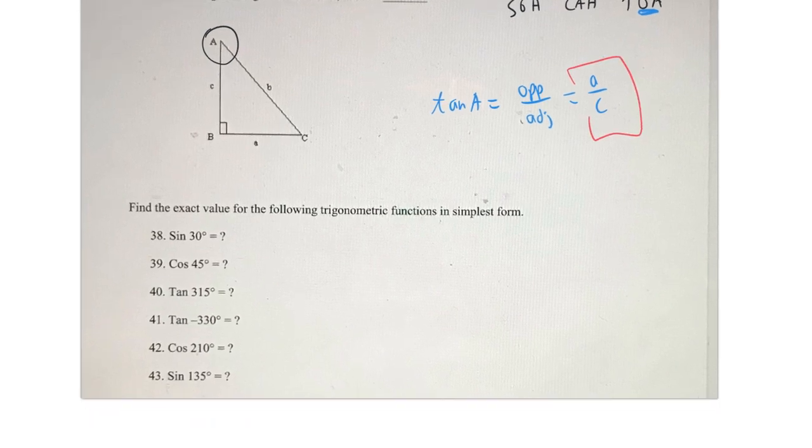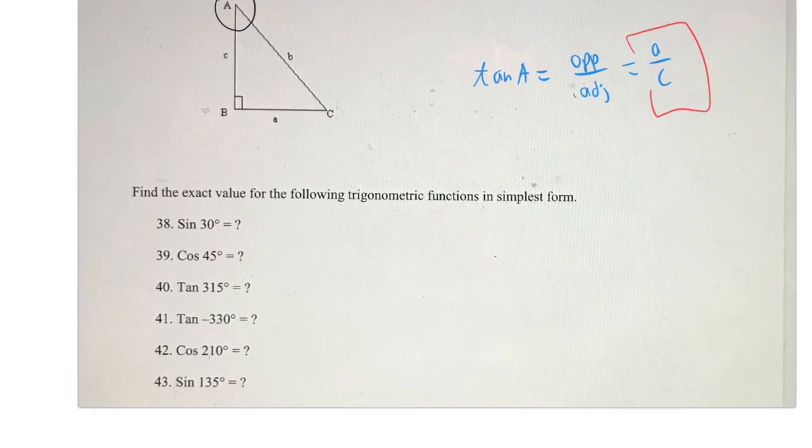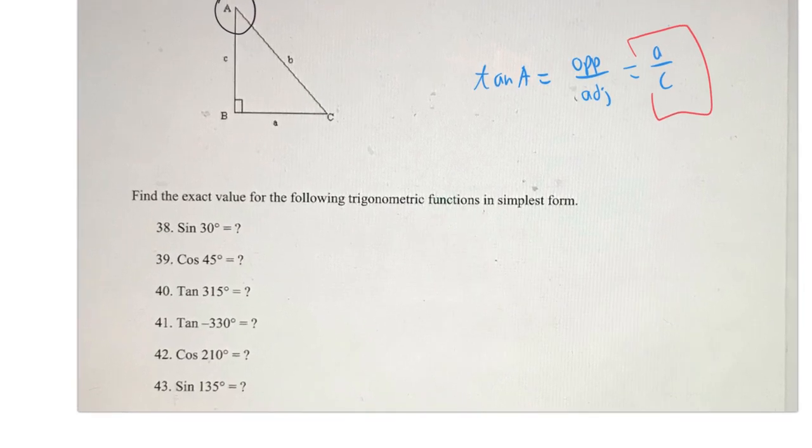All right, find the exact value for the following trigonometric functions in simplest form. So sine of 30. Well, it is the case that my student has learned about 30, 60, 90 triangles, so I don't mind going there. It's also the case my student has learned about 45, 45, 90.